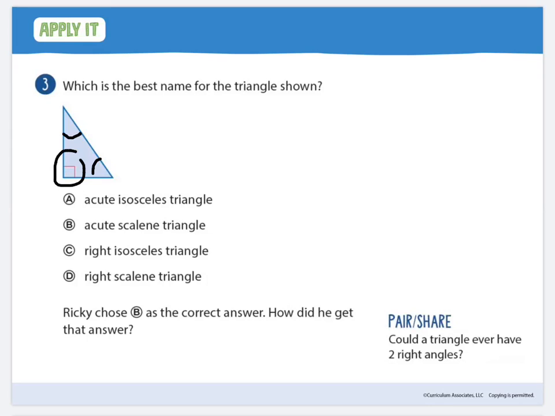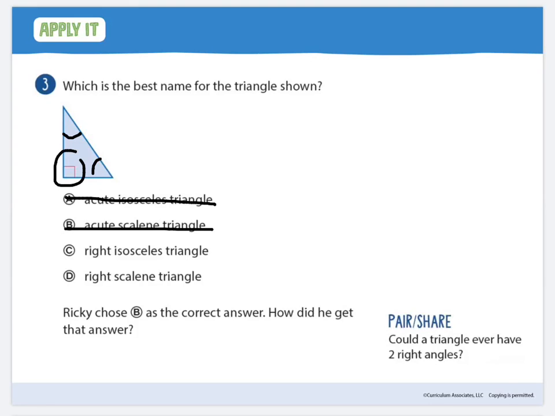So we're going to eliminate A and B because they both say that the triangle is acute, and we know that the triangle is right. So C and D give us the options for right triangles. Now we need to look at the sides to determine which is the better classification for this triangle. We know that these 3 sides are not equal to each other.